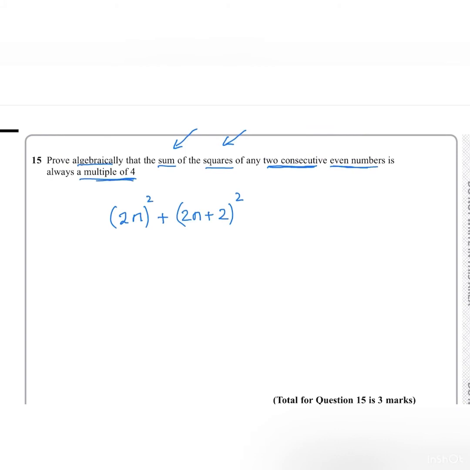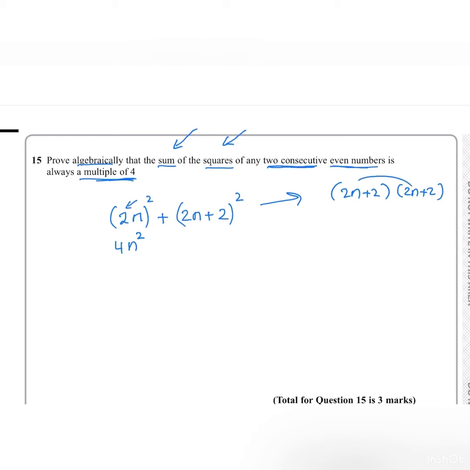So all we need to do now is multiply these brackets out and simplify them. So again, not forgetting to square the 2 as well. So that's 4n squared. Now you can do a bit of side working out here. We've got 2n plus 2 and 2n plus 2.